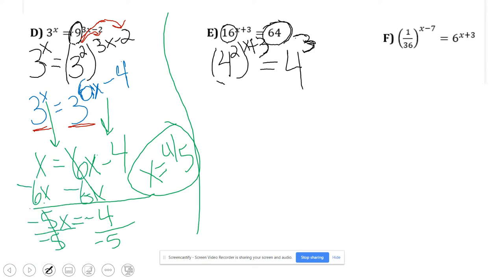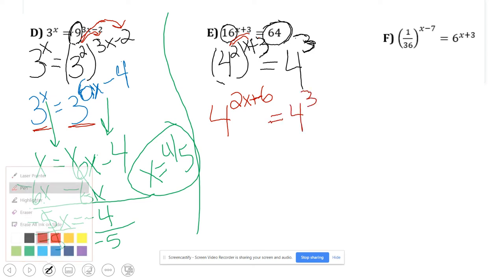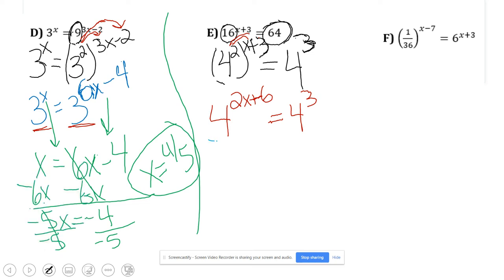All right, exponent rules, again, say over here on the left, I have to distribute that 2 to the x plus 3. So we get 4 to the 2x plus 6 equals 4 cubed. So now my bases are both 4s, which means we can just look at the exponents to say 2x plus 6 is equal to 3.